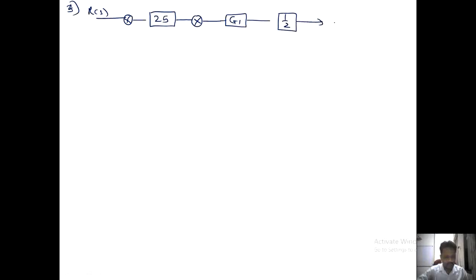Next is for the system shown. The system is given: R of S, summing point, then 25, then summing point, G1, then 1 by 2, then C of S. Here there is a feedback signal of H1, getting subtracted at the summing point.